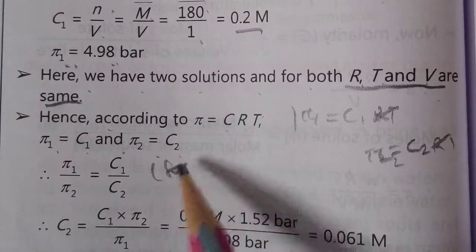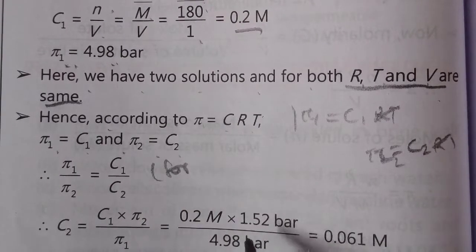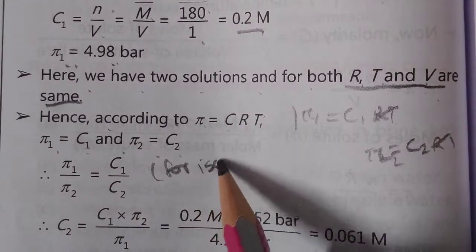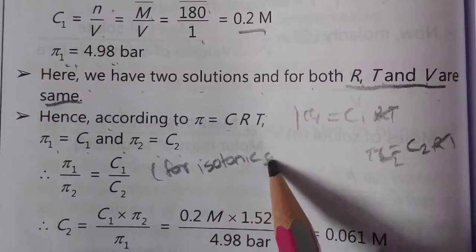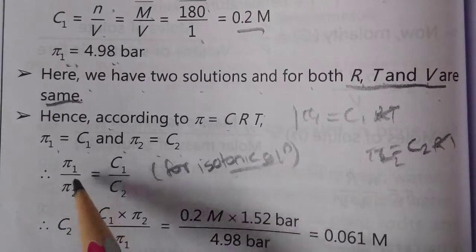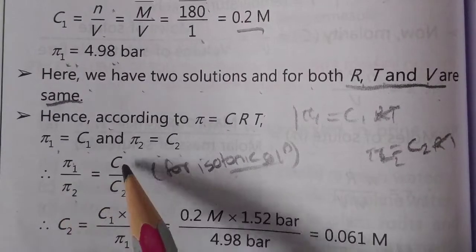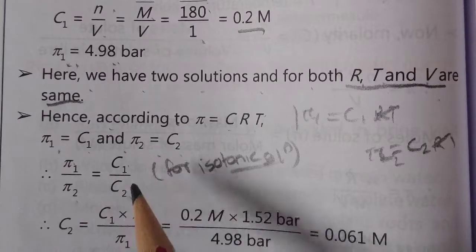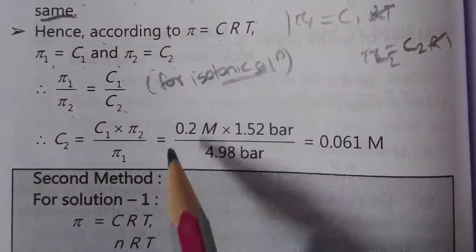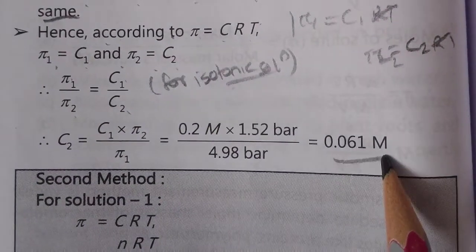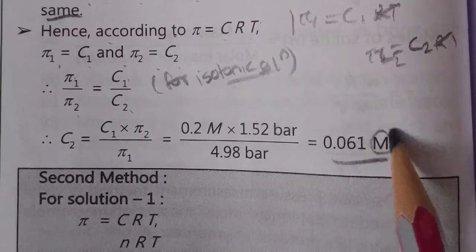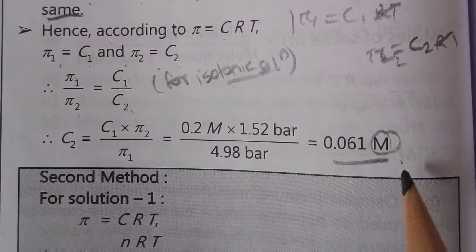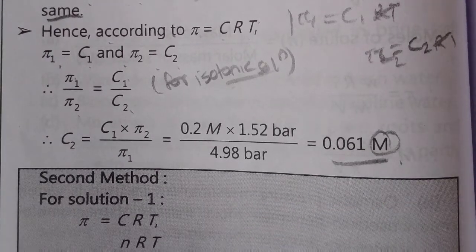So this is the formula for isotonic solution. For isotonic solution, pi 1 upon pi 2 is equal to C1 upon C2. You substitute all the values we found out, and you will get C2 as this much molar. So this is the sum, also very important. You have to remember this, don't forget.